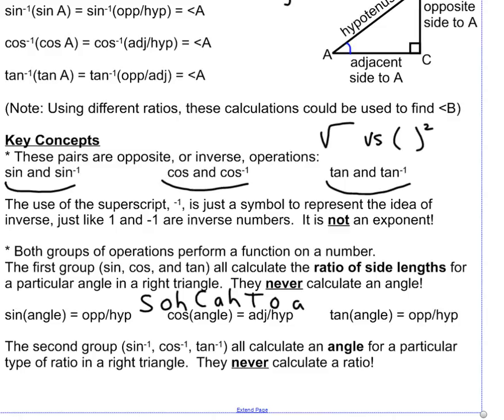For their inverses, it's the same ratios, but in this case, the second group of operations, they all calculate an angle for a particular type of ratio. They never calculate a ratio. Okay. So whenever you're using the primary ratios or primary operations, you're always trying to find a ratio. If you're using the inverse operations, you're trying to find an angle.